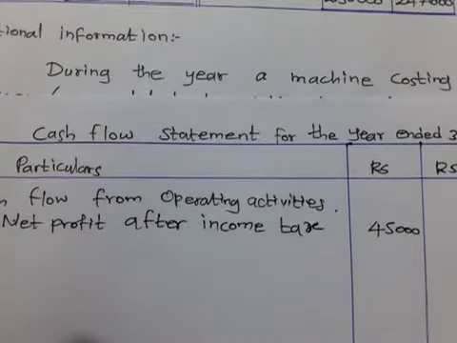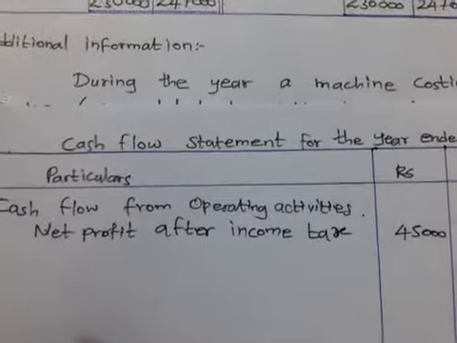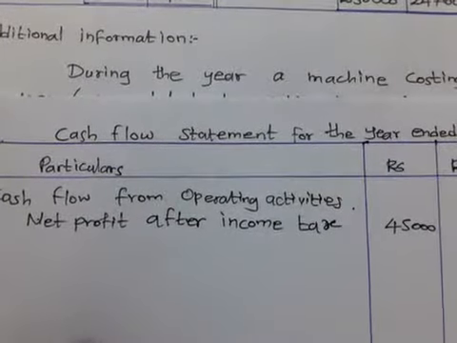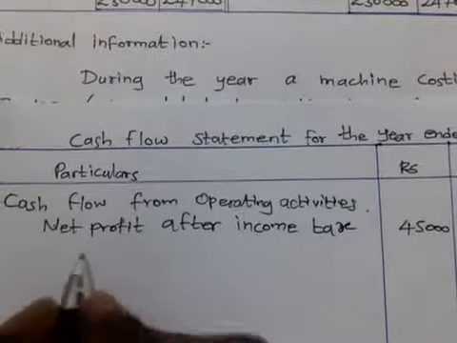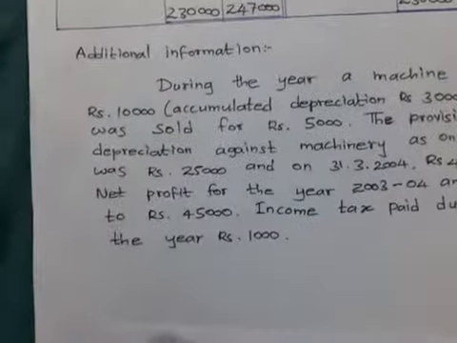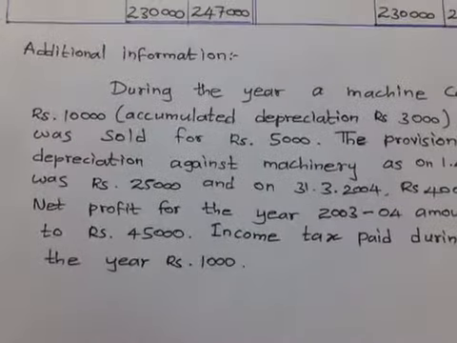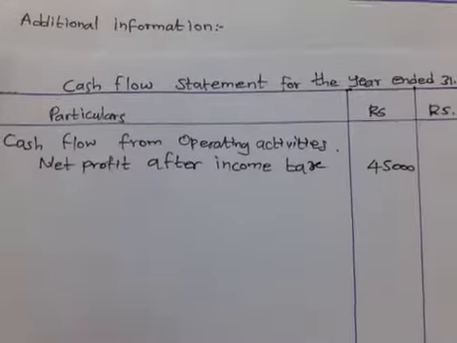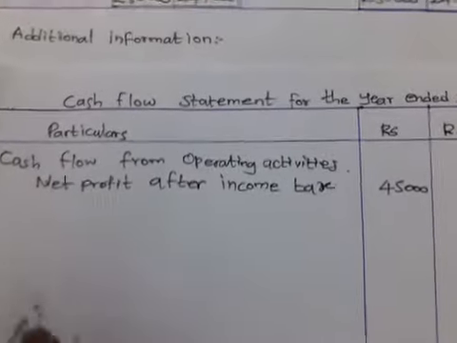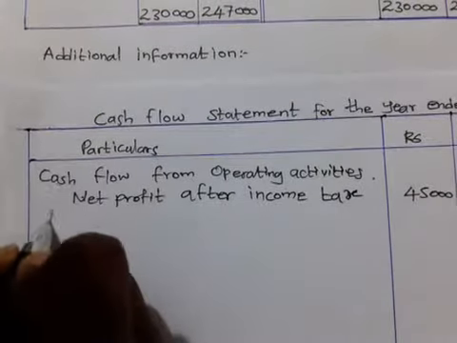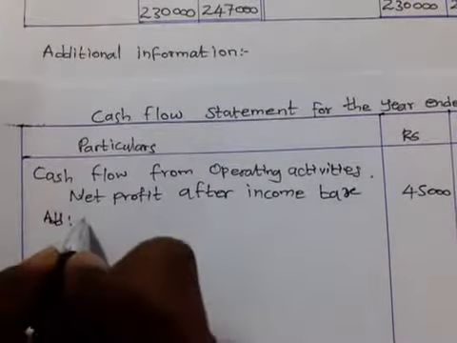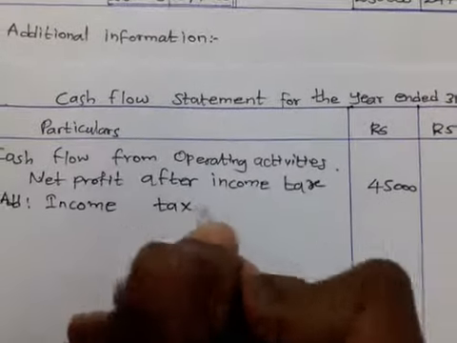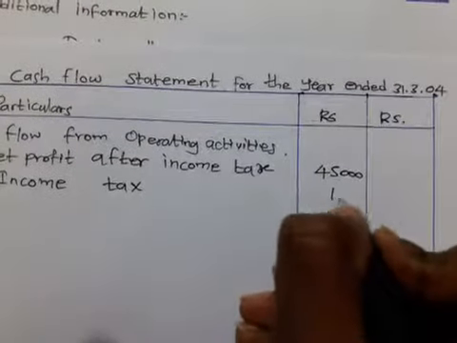Last step of the operating activities only, we will deduct that amount from the net profit. So there is an amount of 1,000 the company paid as income tax for that particular year. It's already deducted from the net profit, so we have to add that amount. Income tax 1,000.